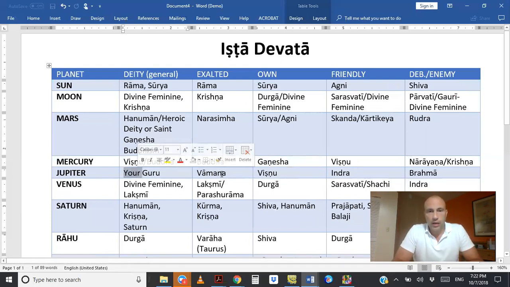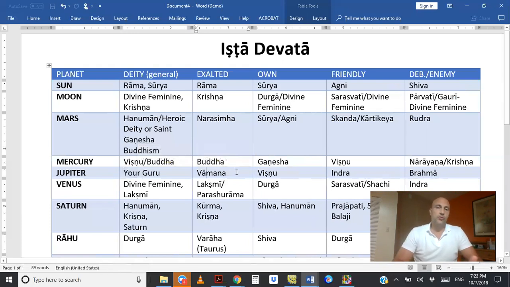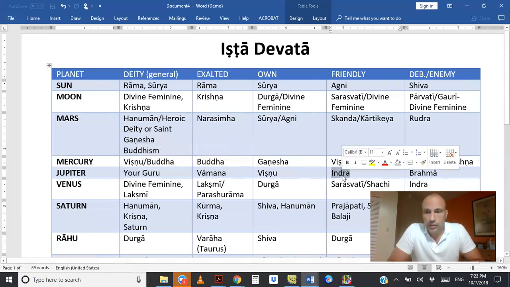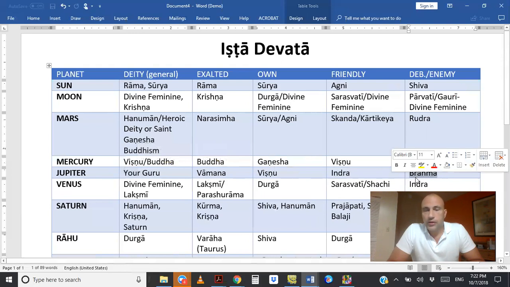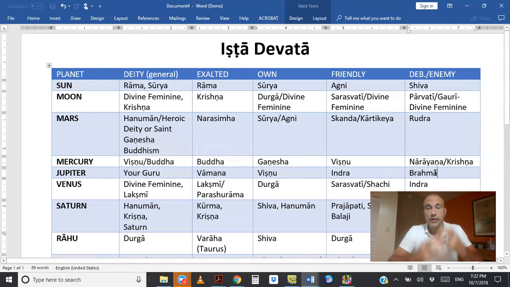Okay? And here are some other classic associations with Jupiter: Indra, Brahma. In the Christian tradition, this would be like Brahma, the bearded creation god, right?